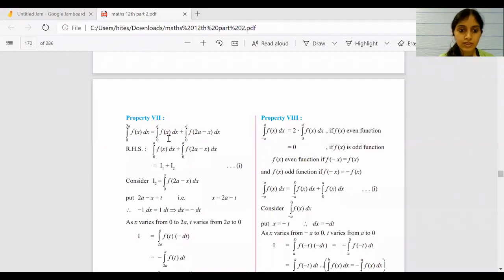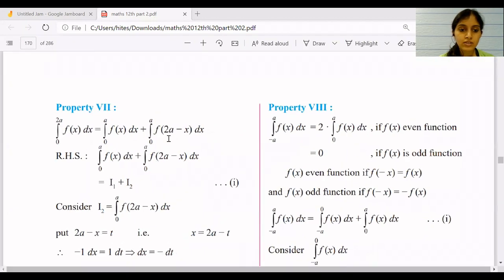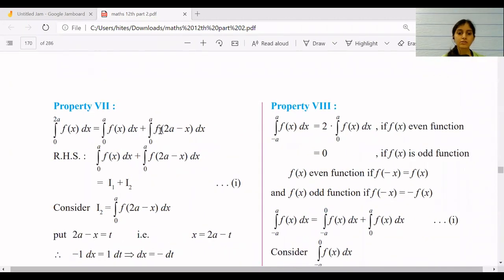The property number 7, integral 0 to 2a f of x dx is equal to integral 0 to a f of x dx plus 0 to a f of 2a minus x dx.